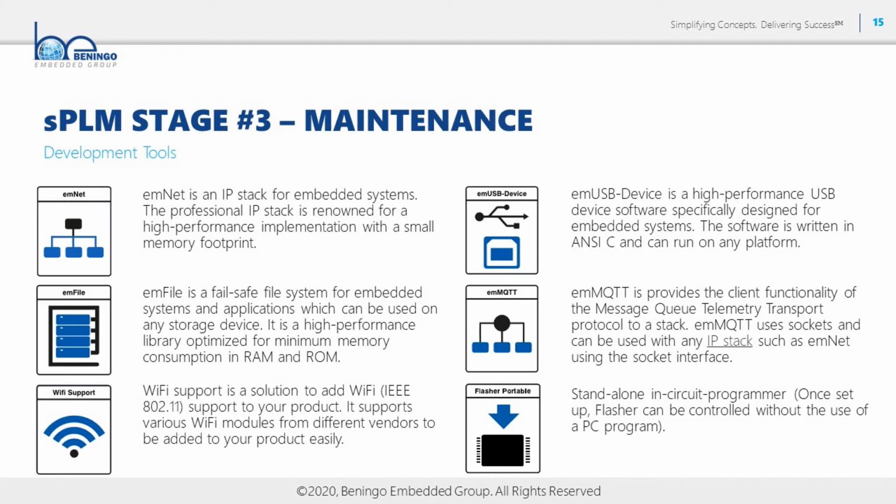So you can use something like mFile that is safe and secure, and it's fail-safe and optimized to run on an embedded system. But more importantly, we can also use it to interact with an SD card and store data and retrieve data and store our firmware update if we want. So we can actually, over Wi-Fi, use Wi-Fi support, get that into our system, and then store it on an SD card and then perform an SD card update, for example.